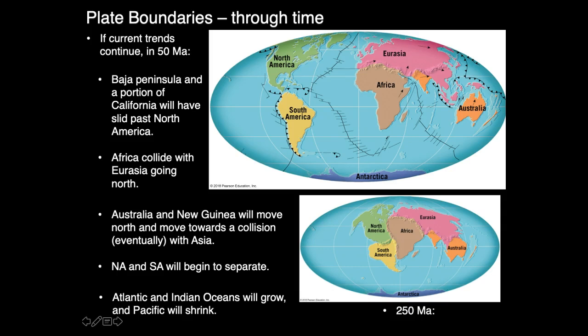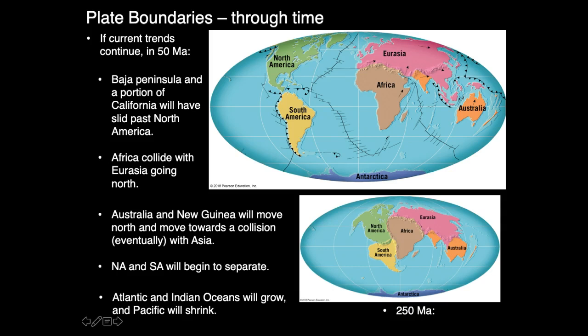So the map that you see up above is that idea of what will happen in 50 million years from now. The one that you see below is a representation of what the world could look like in 250 million years from now.